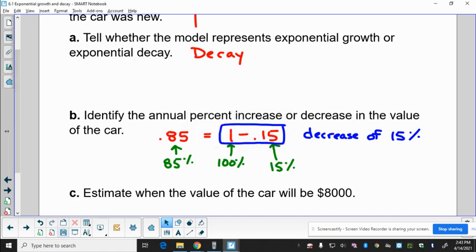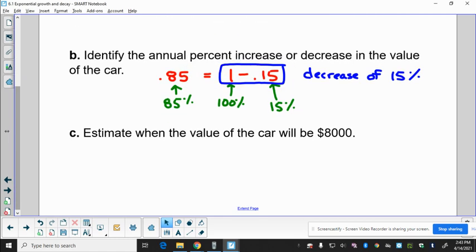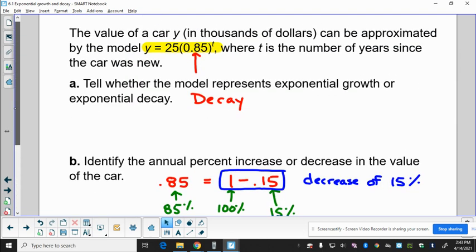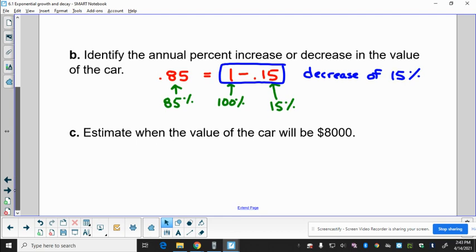Let's go down to part C. Estimate when the value of the car will be $8,000. So I need to go back up here and look at that equation. And I'm going to reproduce it here.